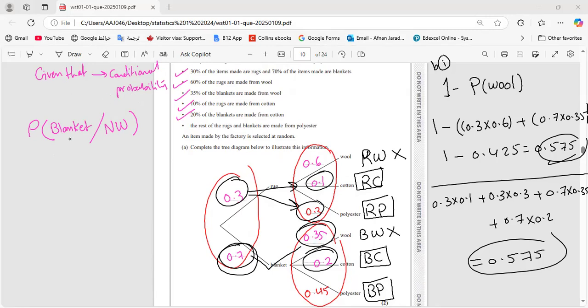That equals the probability that it's a blanket and not wool, over the probability of not wool. So what is the probability that it's a blanket and not wool? Okay, wait a minute.